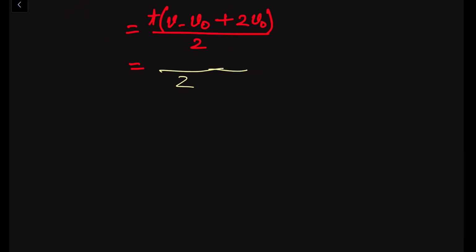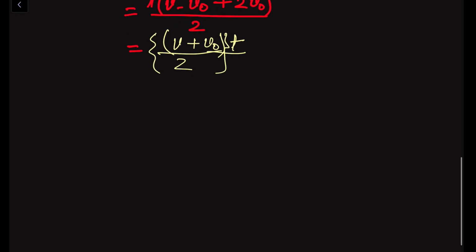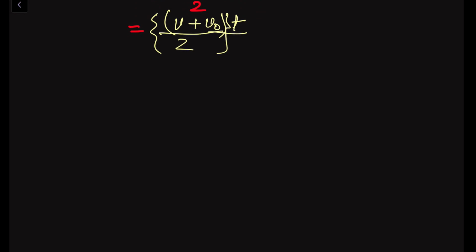Here we have twice V0, so we can write V plus V0, and we have to multiply with T. This part is multiplied with small t. So V plus V0 divided by 2 is nothing but the uniform velocity, because we have two values here and we have divided by 2.